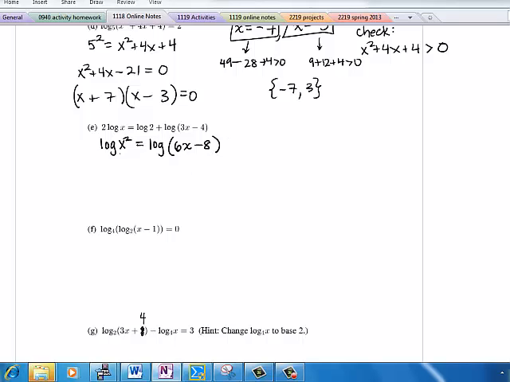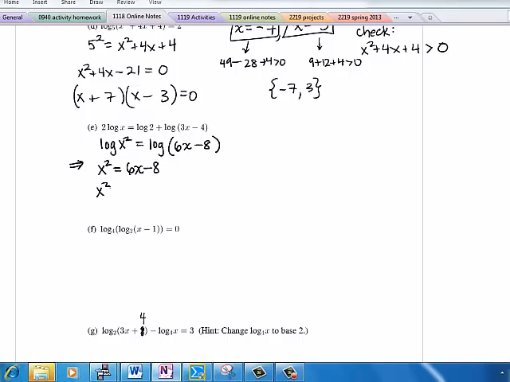And now if these logarithms are the same, their inputs have to be the same. So we're not dividing by the logarithm, we're just saying if two logarithmic expressions are the same and they have the same base, then the inputs have to be the same. So x squared must be the same as 6x minus 8. So we didn't switch to exponential form, we just said, well, if the logarithms are the same, their inputs have to be the same.